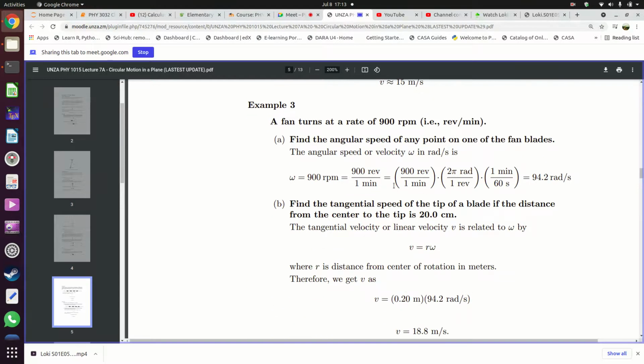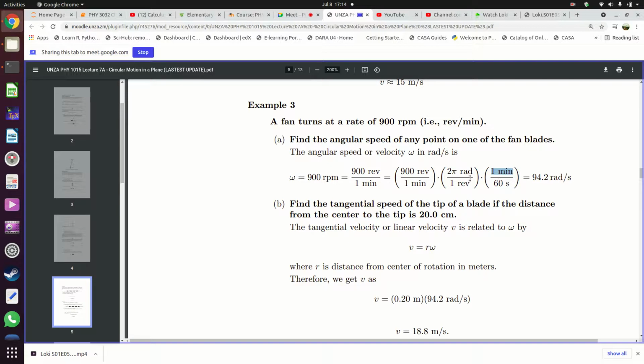Same thing here also. Changing our 900 revolutions per minute into radians per second. So you have 900 revolutions there and 1 minute here. So you write 900 revolutions divided by 1 minute, multiplied by 2 pi radians divided by 1 revolution, then multiplied by 1 minute divided by 60 seconds. This revolution cancels out this revolution.